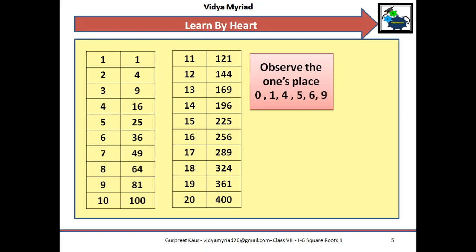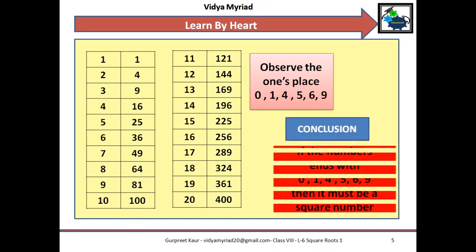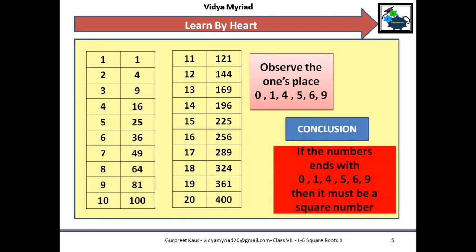There are certain digits which are missing. If you see, 2 is not there, 3 is not there, 7 and 8 are not there. So we can conclude from this that if the ones place of a number is 0, 1, 4, 5, 6 or 9, then it can be a square number. That gives us the hint, yes, it can be the square of something.